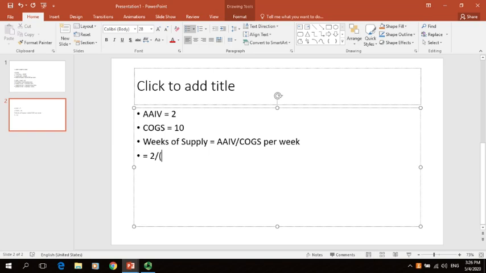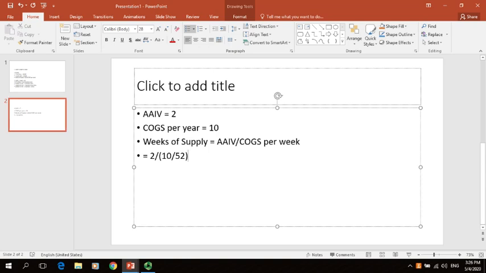We know the cost of goods sold per year, which was 10. So we need to convert this to the cost of goods sold per week. Since there are 52 weeks in a year, you can just divide it by 52. That's the number of weeks of supply.